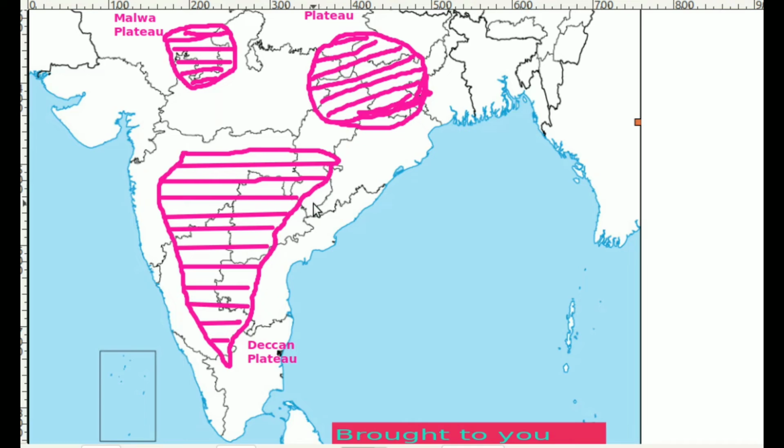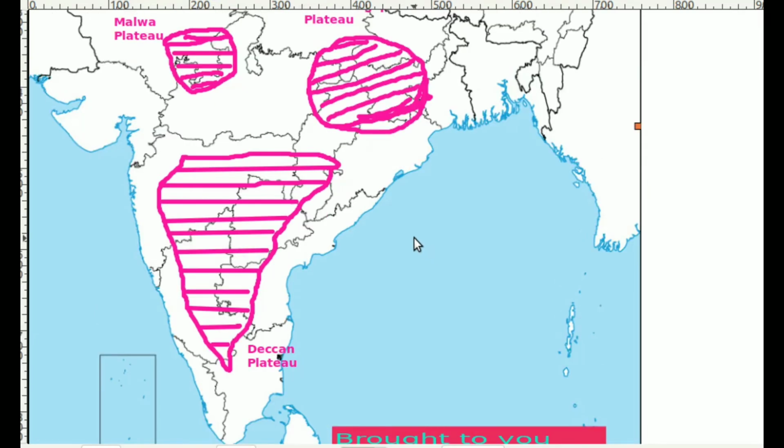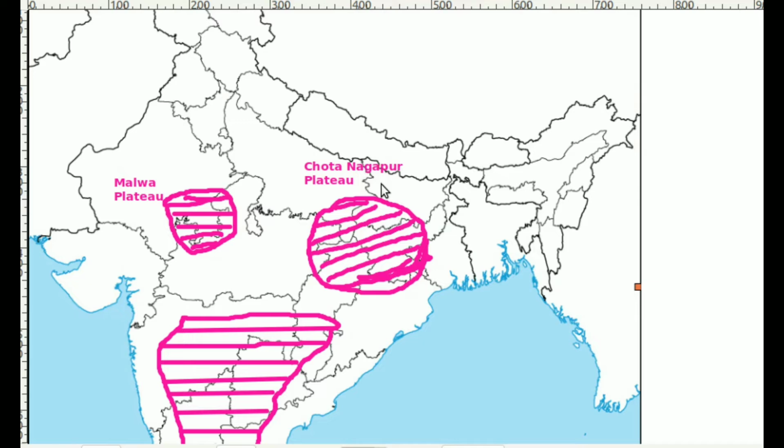Shade like this, and this is Deccan Plateau, concentrating on South India. So these are the three important plateaus: Malwa Plateau, Chota Nagpur Plateau and Deccan Plateau.